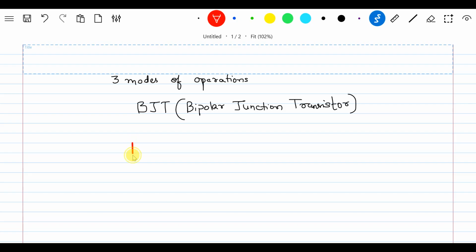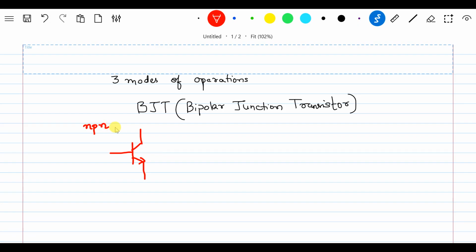Okay, so basically, this is the symbolic representation of a transistor. You see the arrow is going out of the emitter, so this is actually an NPN transistor.